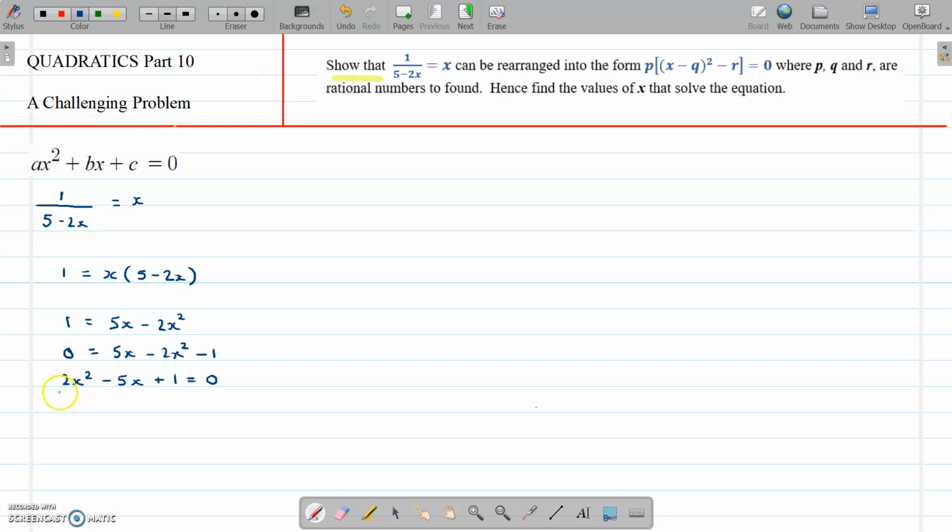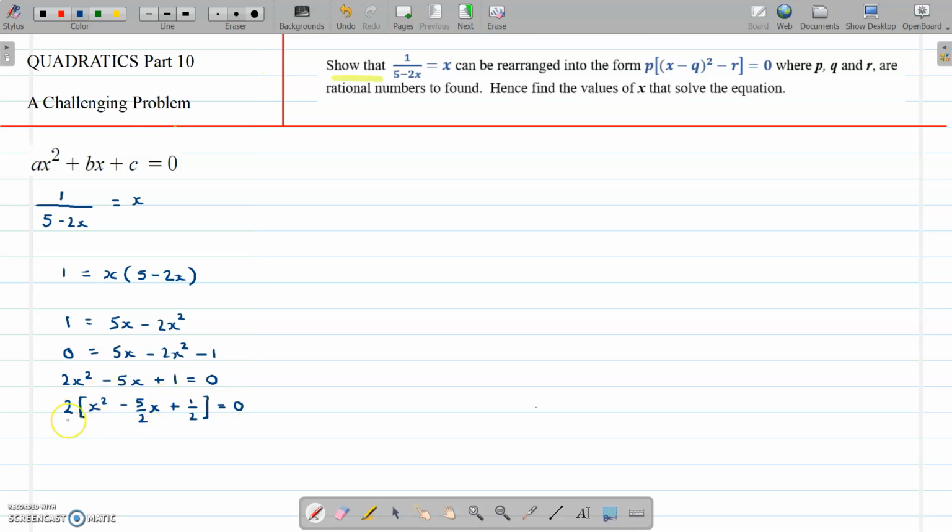I'm going to take out the 2, and I'm going to say that this means that 2 lots of x squared minus 5 over 2x plus a half equals 0. So I've taken out a factor of 2 from the whole thing.